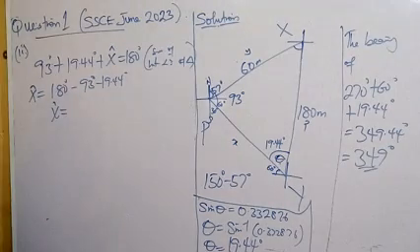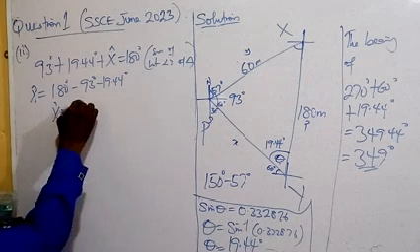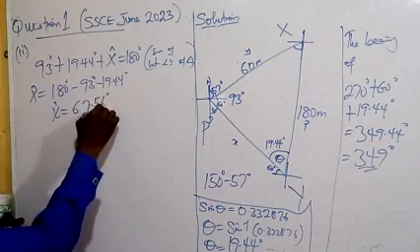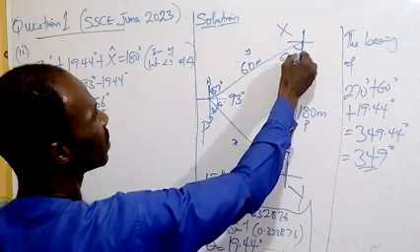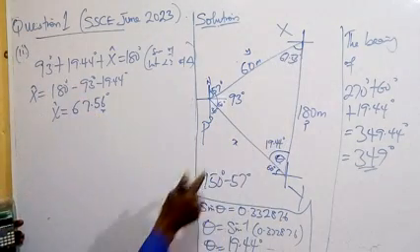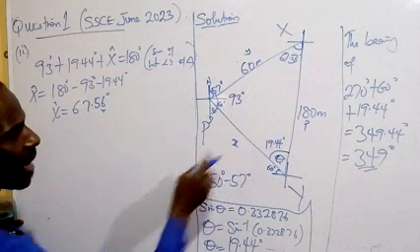Let's check. This equals 67.56 degrees. So this angle is 67.56 degrees.